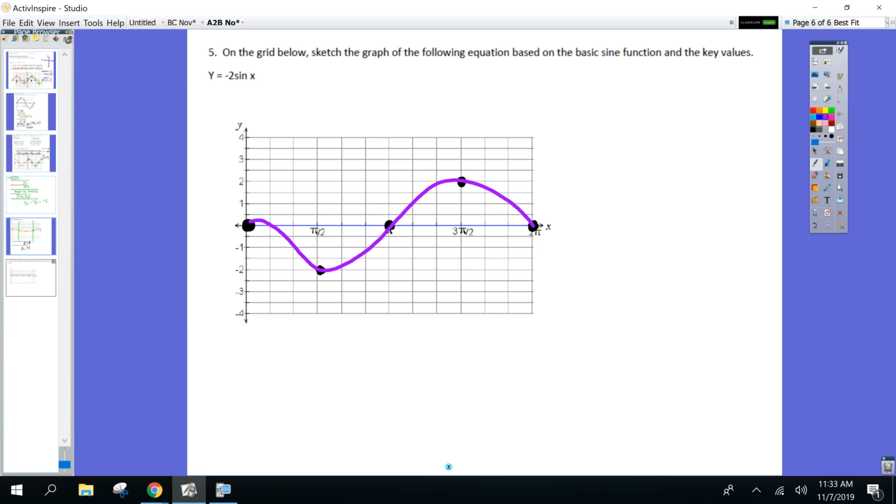I got one last question before I let you go on your own. Amplitude. What's the amplitude for this graph? Any guesses? 2.